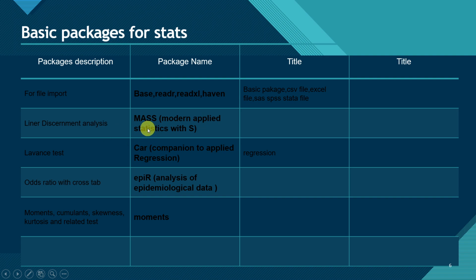Like you have the MASS package, which I installed, Modern Applied Statistics with S, for linear discriminant analysis. And then you have Levene's test, the car package for regression, and for odds ratio with crosstab, you have epiR, analysis of epidemiological data, and you have the moments package for moments, skewness, kurtosis, and related tests.